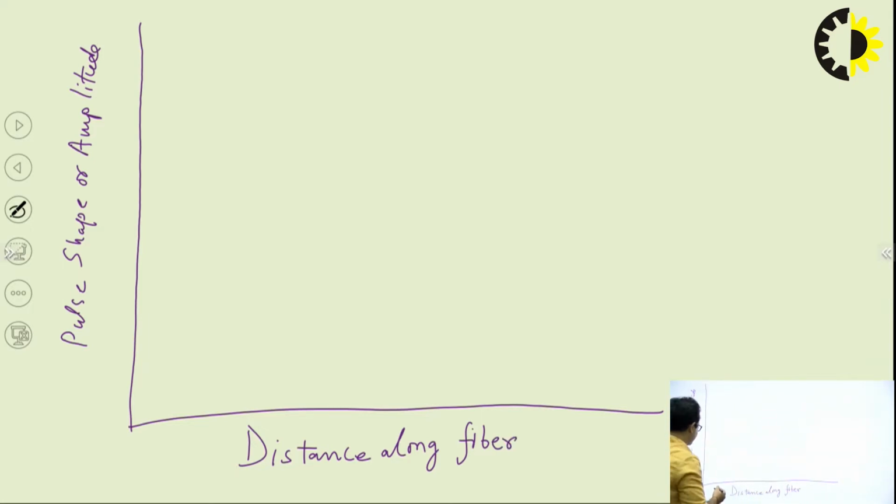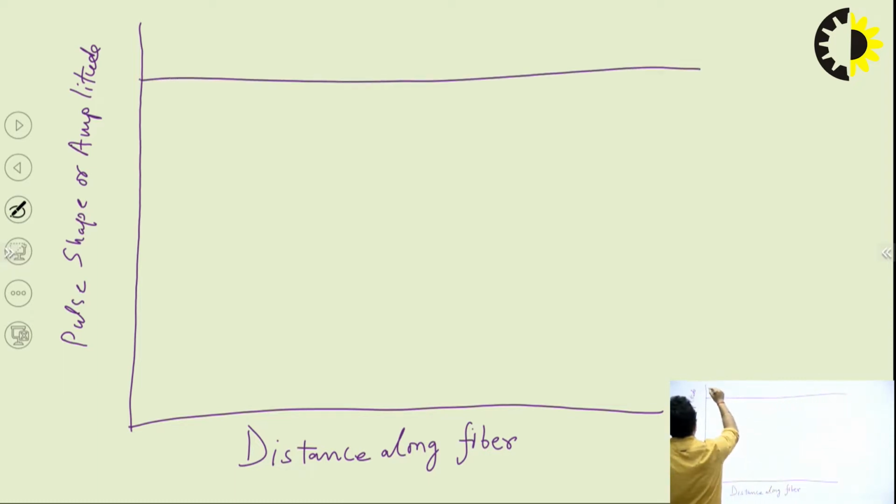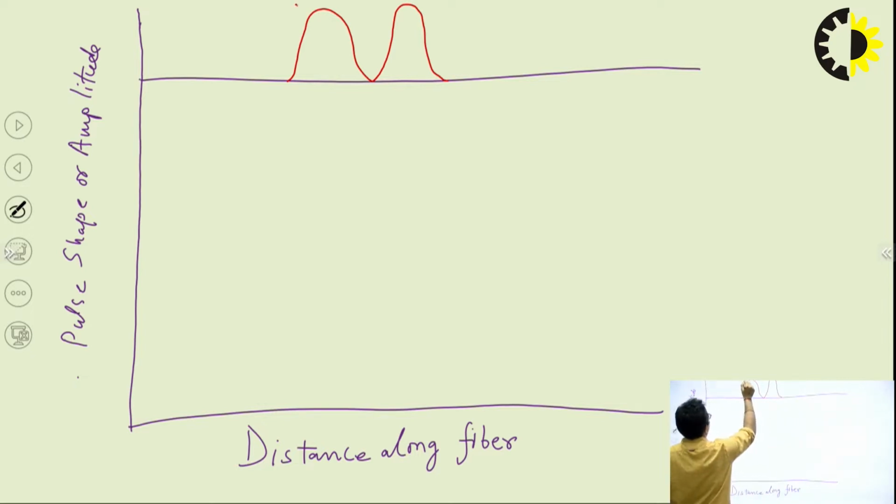Let us first see it with the help of one figure, when your pulse is traveling through the fiber without any effect of dispersion. We have two pulses propagating through the fiber, this is the first pulse and this is the second pulse.